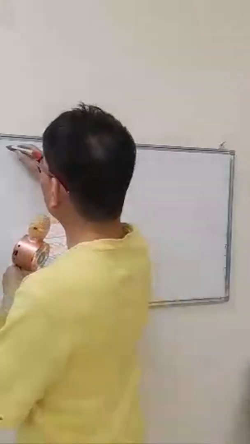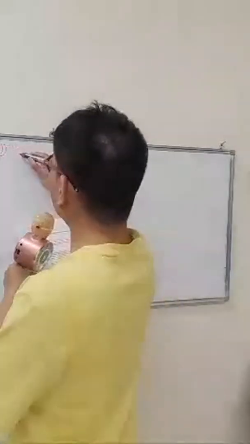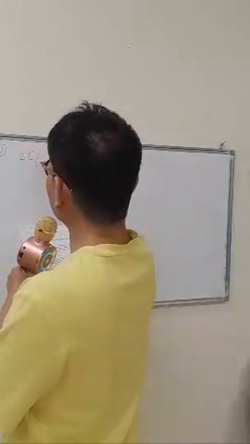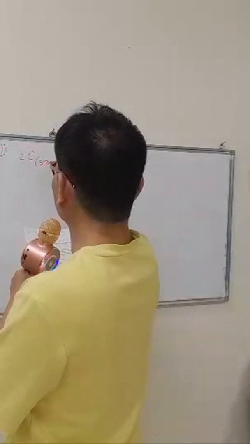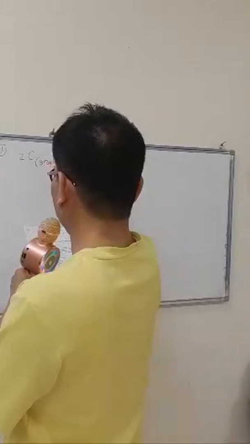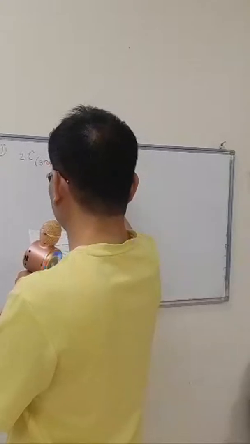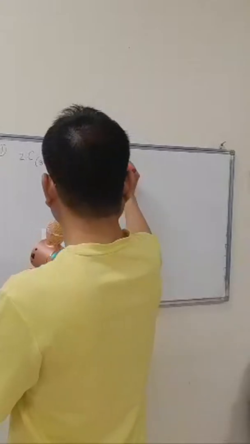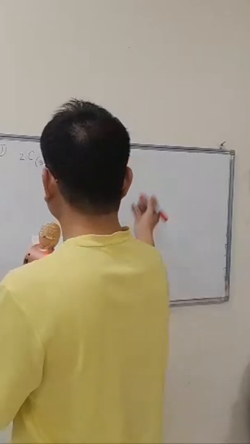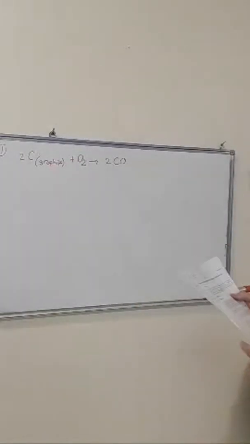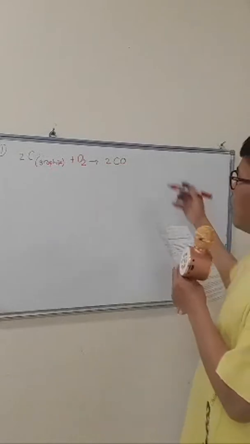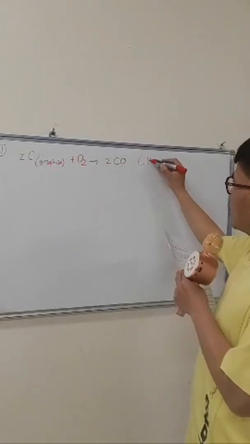We have 2 moles of graphite plus oxygen gas equals 2 moles of carbon monoxide. So this is your overall reaction.